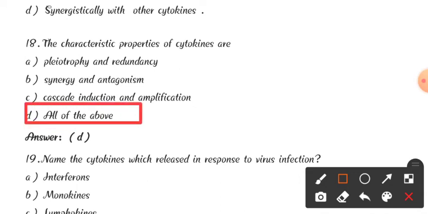That means option A, pleiotropy and redundancy, option B, synergy and antagonism, option C, cascade, induction and amplification. That means all of the above is the correct answer.